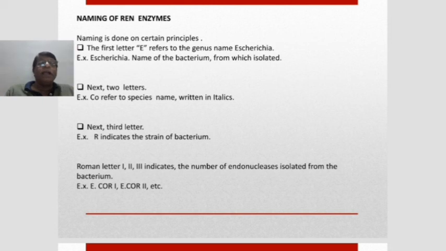For example, EcoRI is the first isolated enzyme, EcoRII the second isolated enzyme. So that's all about the naming of restriction endonucleases. Very important for the main examination.